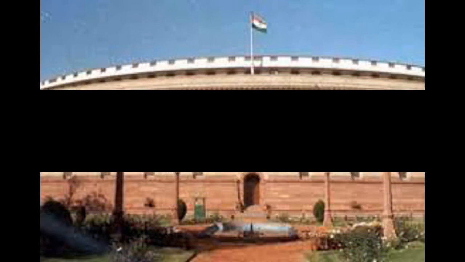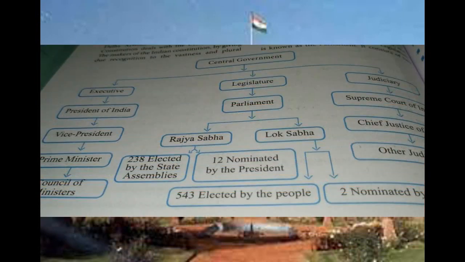Now we'll see about the Prime Minister and Chief Minister in Part 2 of the Civics lesson, Central Government and State Government. The leader of the majority party in Lok Sabha is appointed by the President as the Prime Minister.